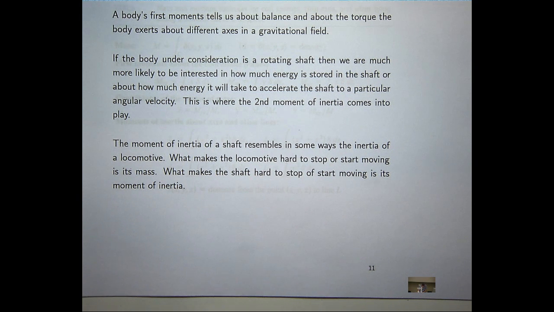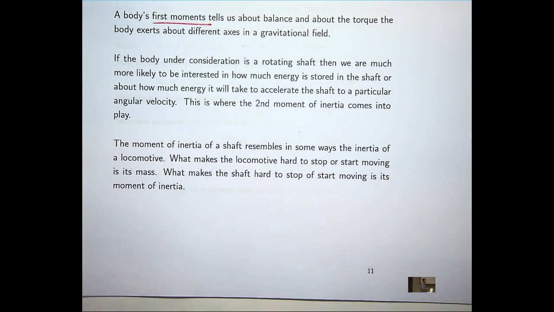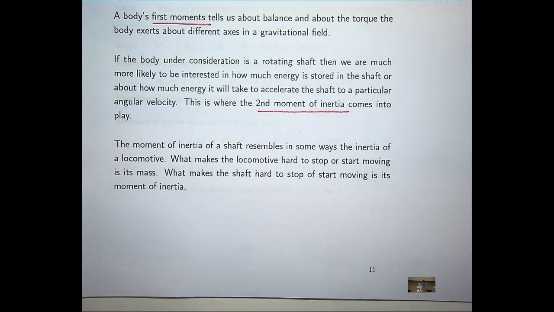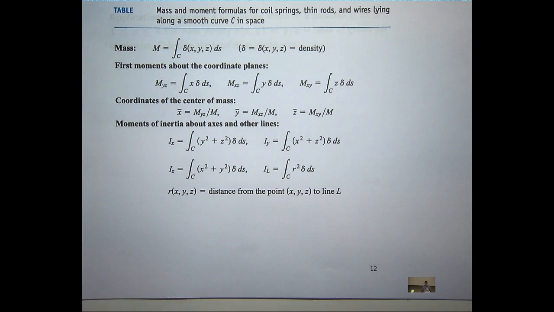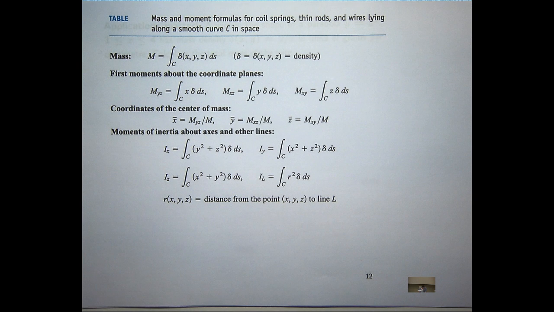We're going to use these path integrals to calculate the first moments of wires. We're also going to use them to calculate the moment of inertia, or the second moments. Let me show you the main ideas with respect to line integrals.